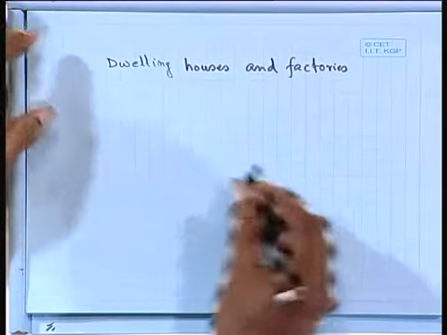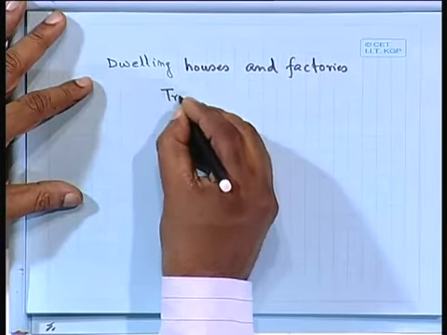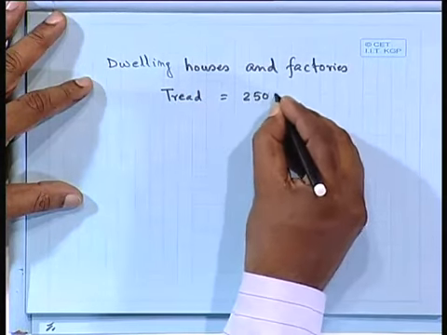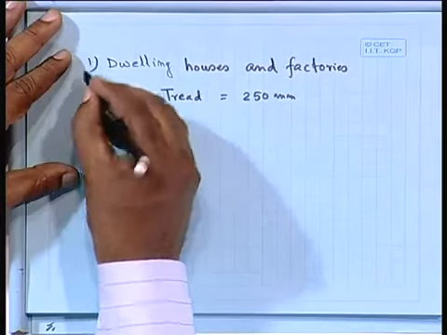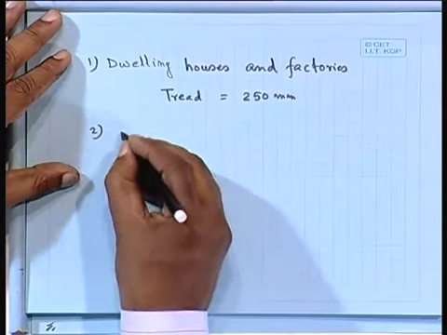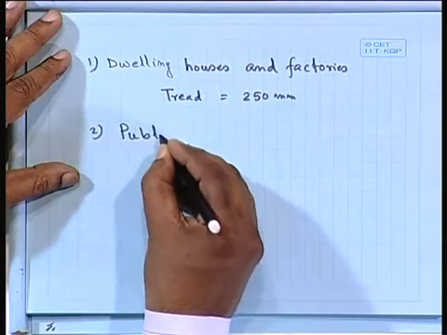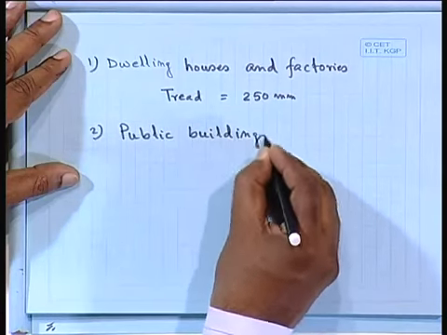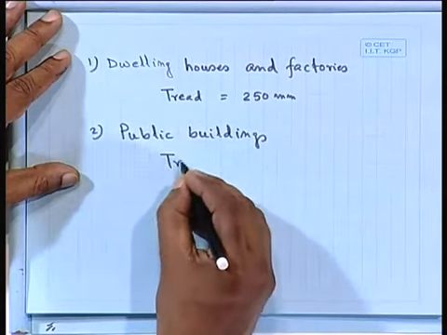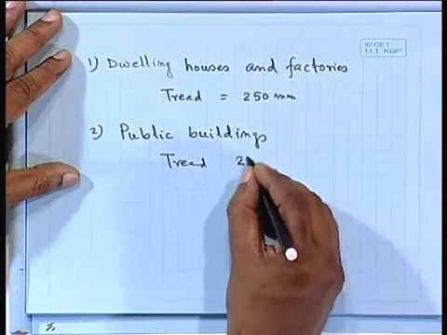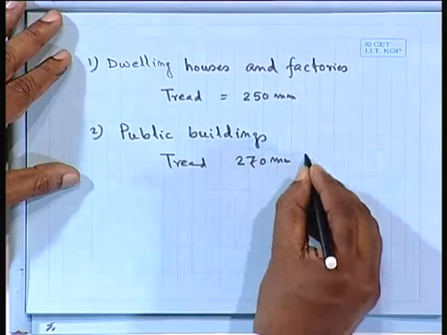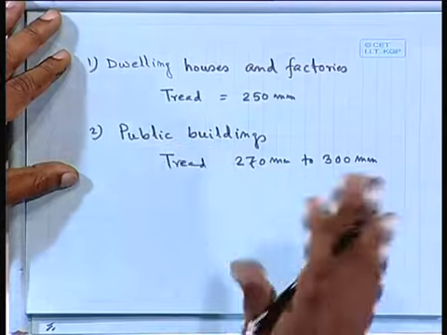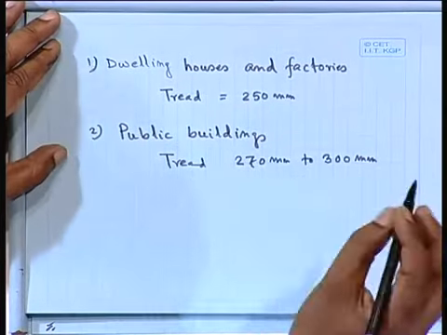If we consider the tread, we can take it as 250 millimeter, or a little less, whereas in public buildings it will be in the range of 270 millimeter to 300 millimeter. That is the horizontal portion. What about the rise?